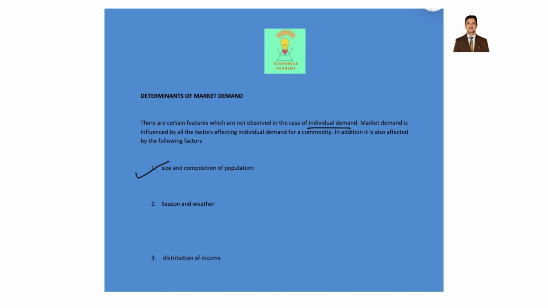So this is how the age factor, that is the composition of the population, is playing a role. So a young adult population means higher demand for smartphones, trendy clothes, right?